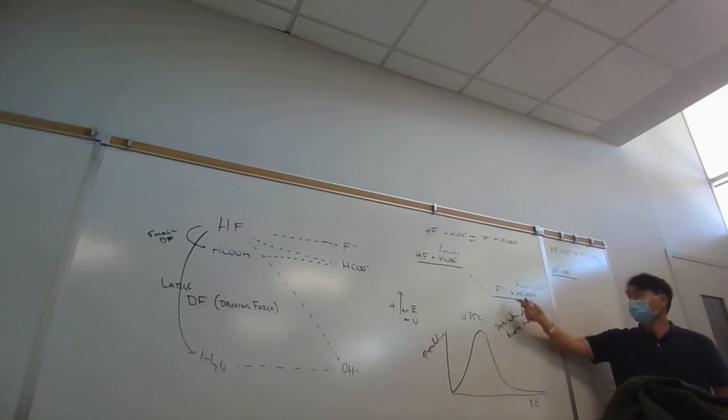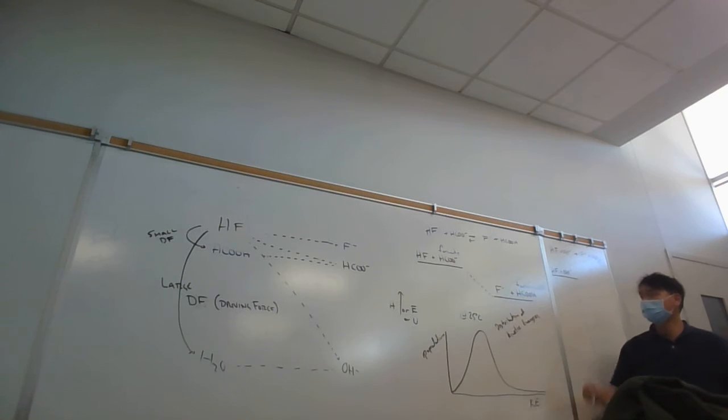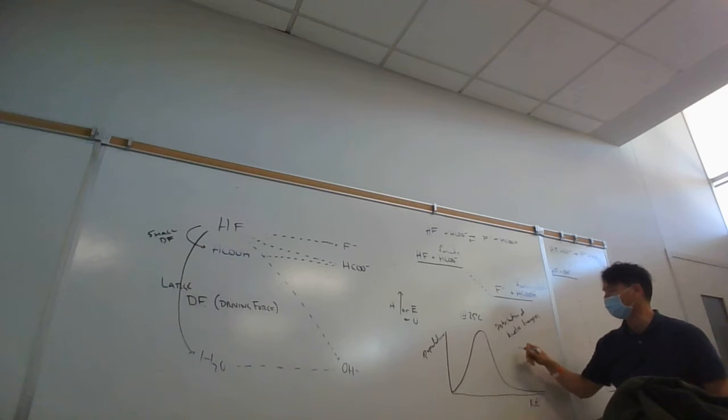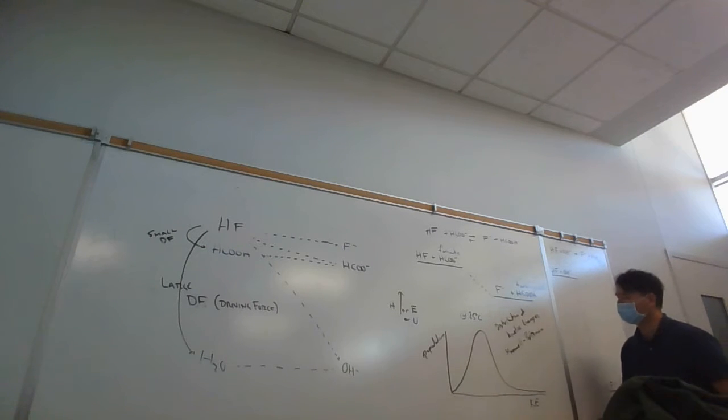means that the fluoride and the formic acid will have this distribution, and this distribution of kinetic energies is called the Maxwell-Boltzmann distribution.